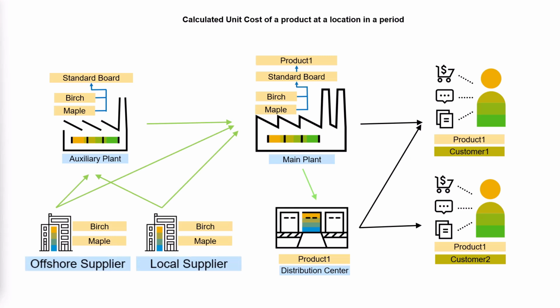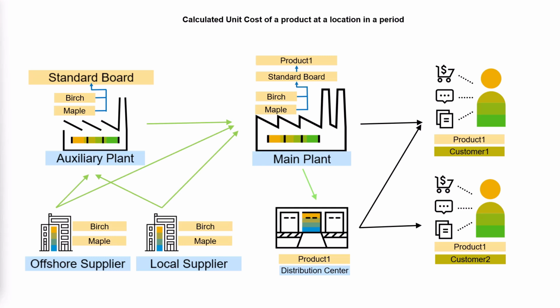Then it calculates the unit cost of the components at the main and auxiliary plants, adding any transportation costs and offsetting the unit cost by any transport lead time. Next, the operator calculates the unit cost of the standard board at the auxiliary plant, adding the production cost.